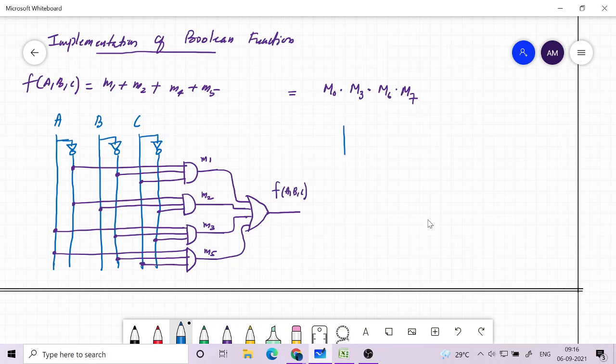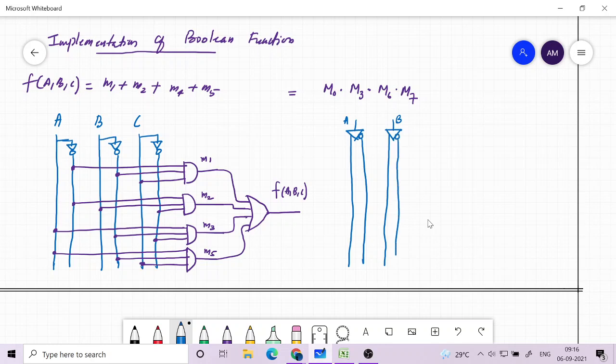So again I have A, and I will use a more concise notation, which also means the same thing. So this is your A, and this is your B. If you take it without any bubble, it means B, and through a bubble it is B bar. And then next is C.